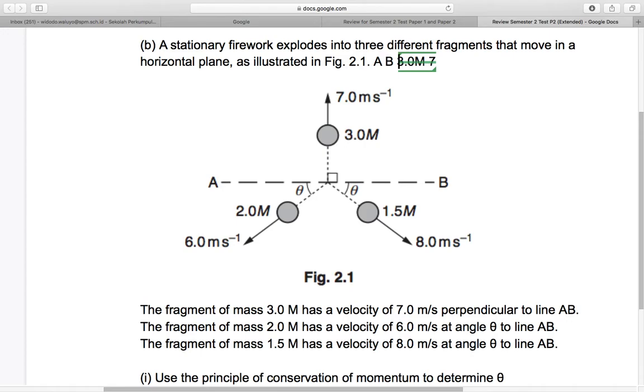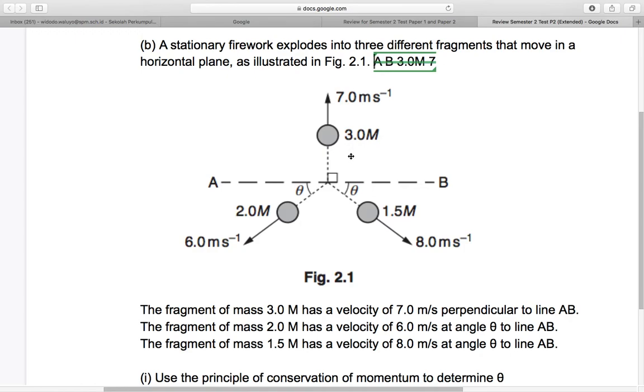In figure 2.1, we see that one fragment has mass 3.0 m and velocity 7.0 meter second minus 1, going vertically up.